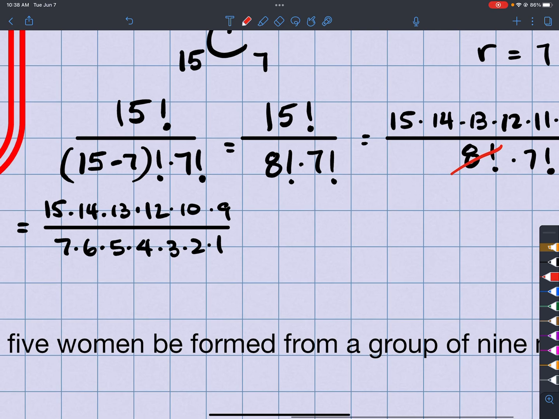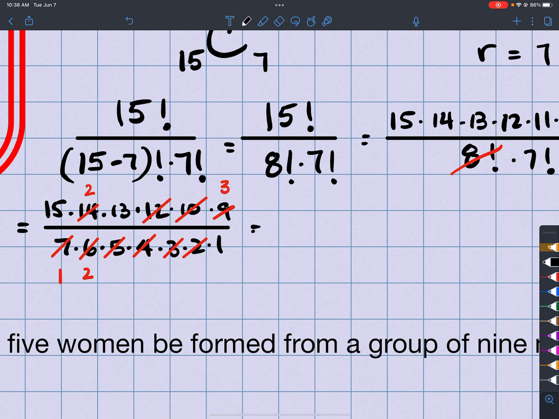For example, 2 times 5 is 10. So those cancel out. 3 times 4 equals 12. That cancels out. Let me see. 7 goes into 7 once, but into 14 twice. 3 goes into 6 twice, but goes into 9 3 times.